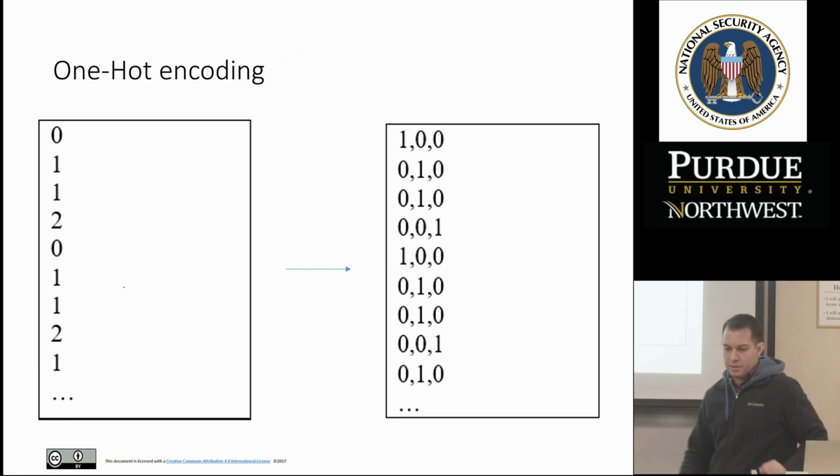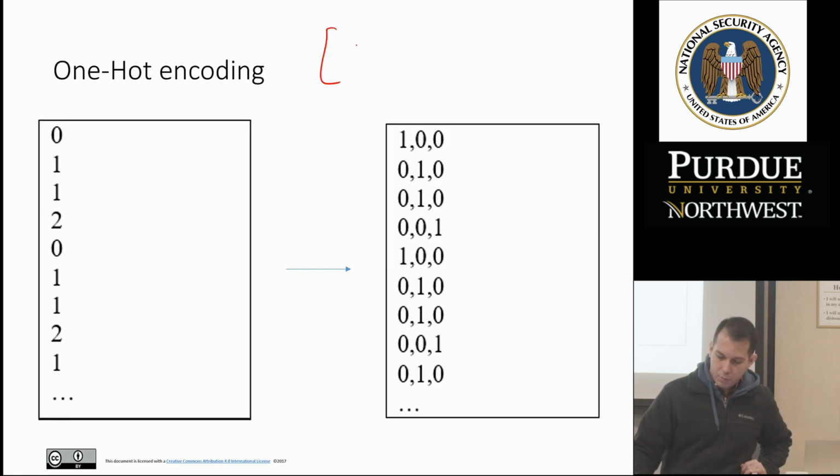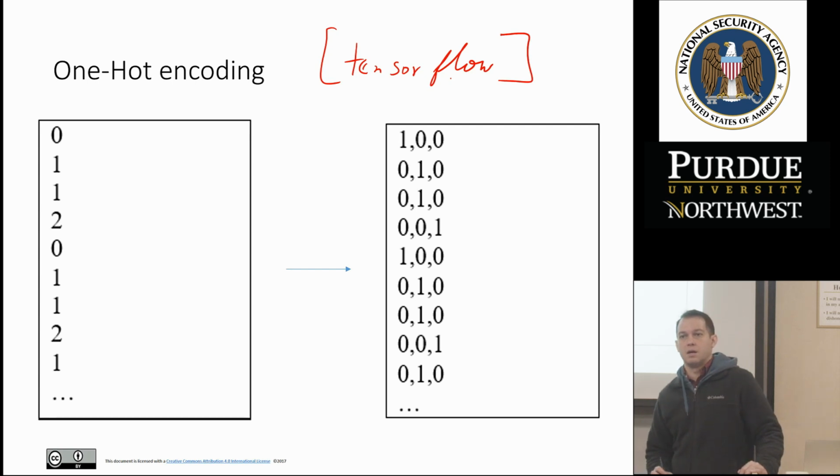One hot encoding. This is particularly important for TensorFlow, and this only relates to the classes. Let there be no confusion about this: one hot encoding relates to TensorFlow and only to the classes.